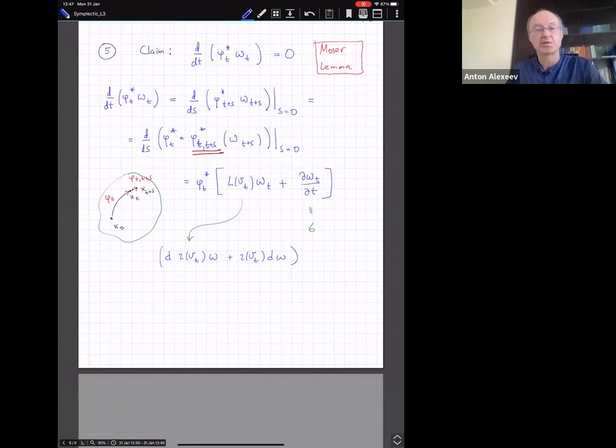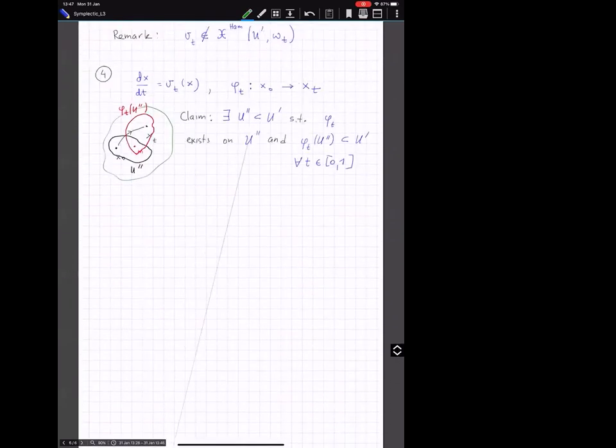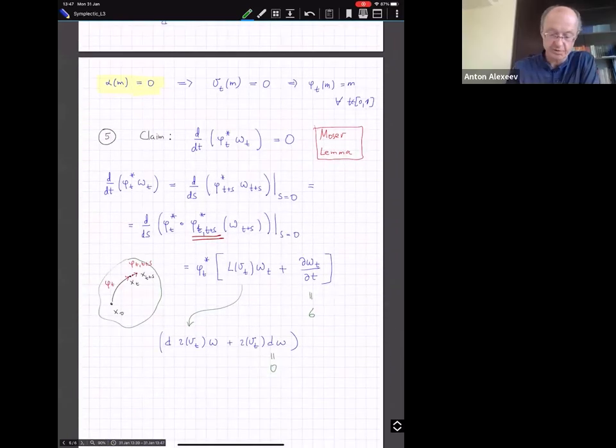So that's the Cartan calculus, Cartan's magic formula. And now this guy, d omega, is 0, right? And iota of vt omega. Excuse me, there is omega t. Omega t, absolutely, yes, that's essential.